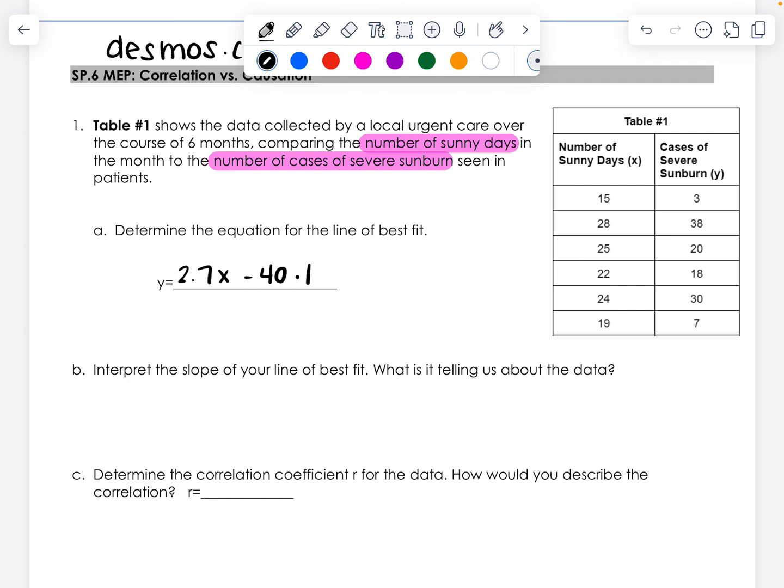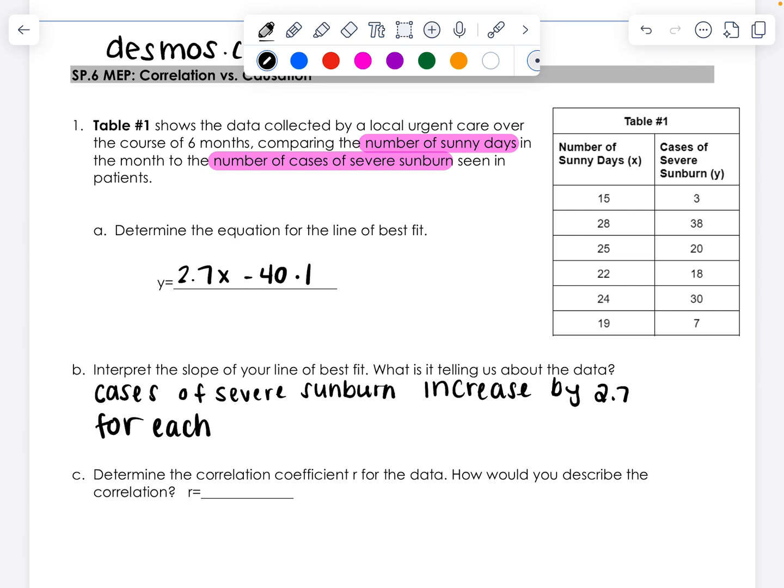Well, it's telling us that the cases of severe sunburn, because our slope is positive, that means they increase by 2.7 for each of our x variable's number of sunny days, so for each sunny day.